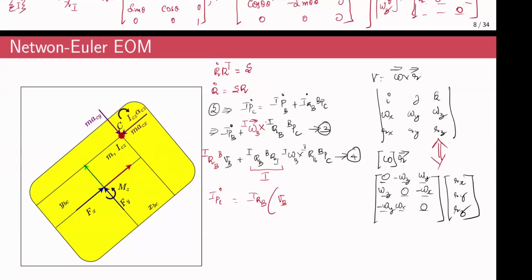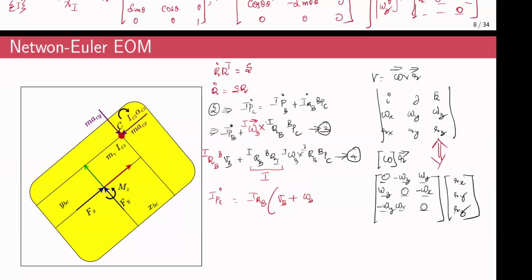We can write it just like this, VB, plus, we have taken this term common, and this term becomes omega B referred with respect to its frame of reference, right? Since we are pre-multiplying it with the rotation matrix, BRI multiplied by I omega B is B omega B, the angular velocity of frame B with respect to its frame of reference. So we don't have to use this superscript anymore.